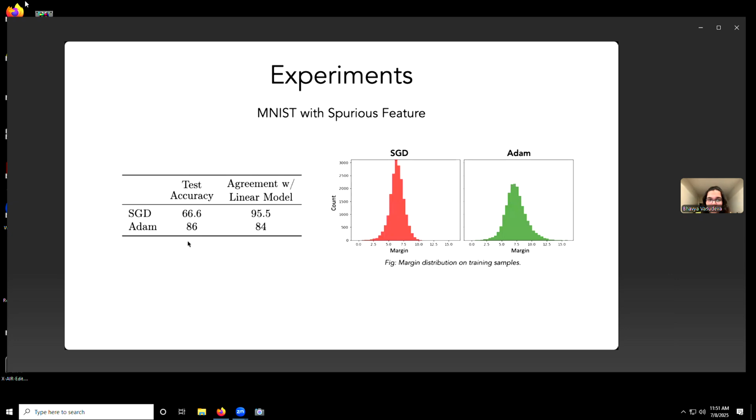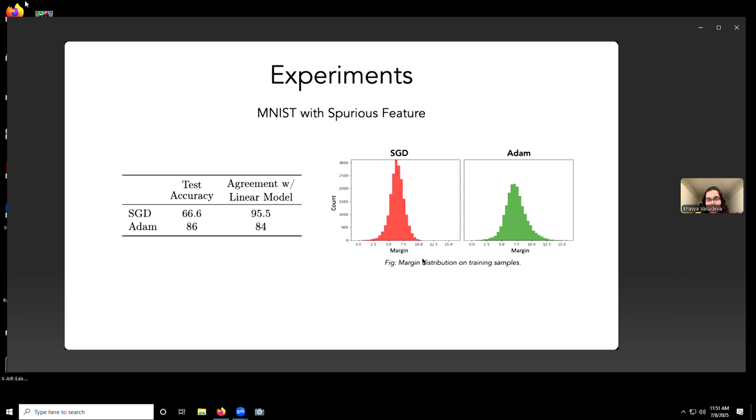So we find that training with Adam leads to a higher test accuracy, and we also evaluate agreement of these models with a linear model also trained on the same data set, and we find that SGD has more agreement, which indicates that training with SGD leads to a more linear decision boundary in this case as well.